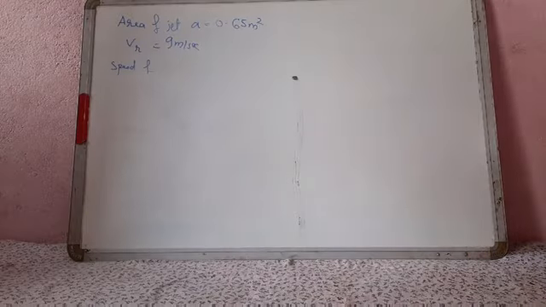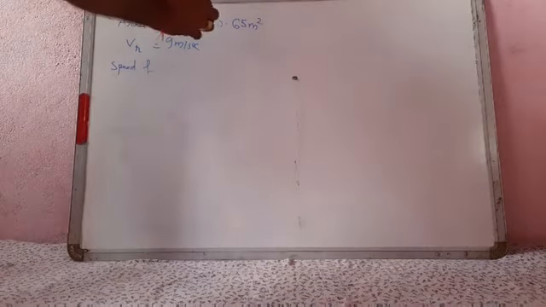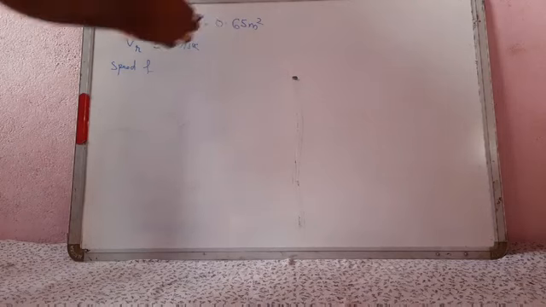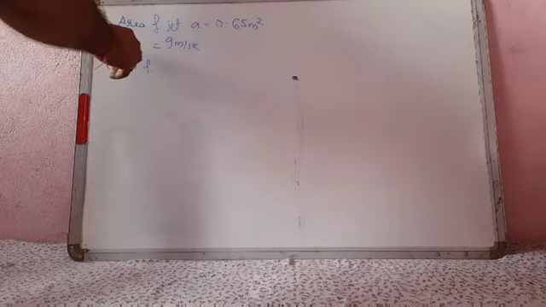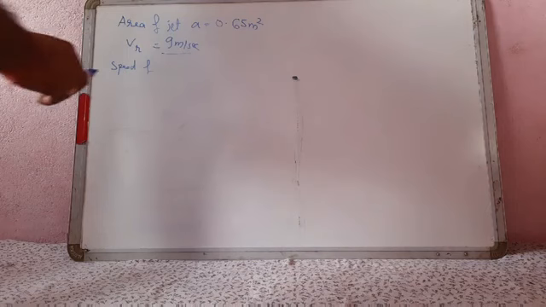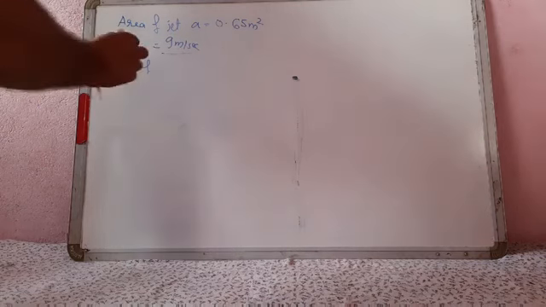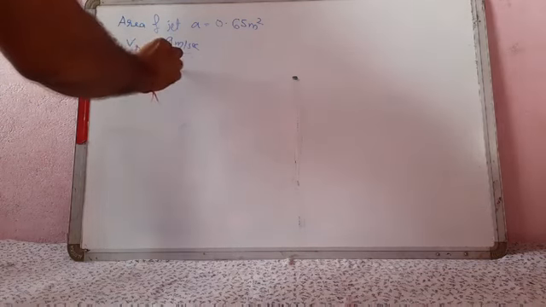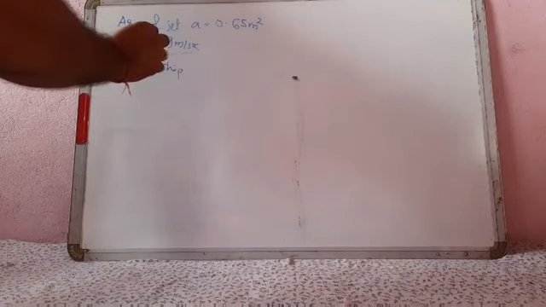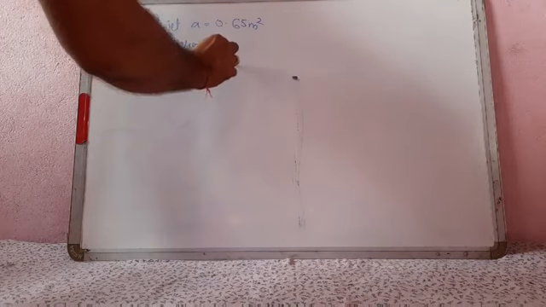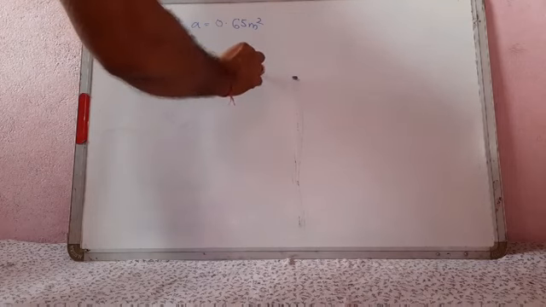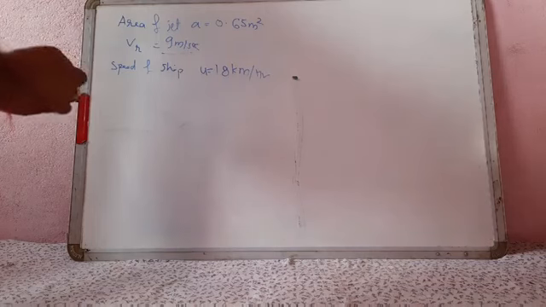Here in this question, the data given are the total area of the jet, 0.65 meter square, the velocity through the jet relative to the ship, 9 meter per second, and the speed of the ship, U, is 18 kilometers per hour.